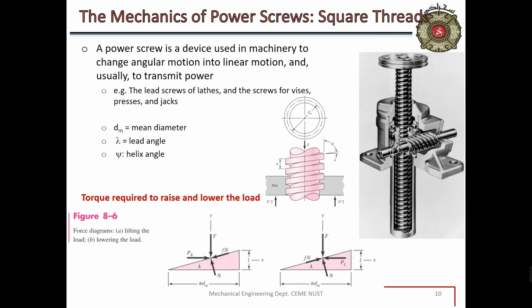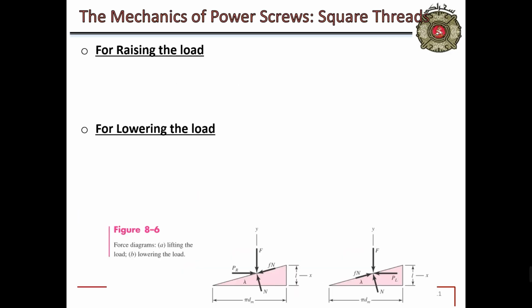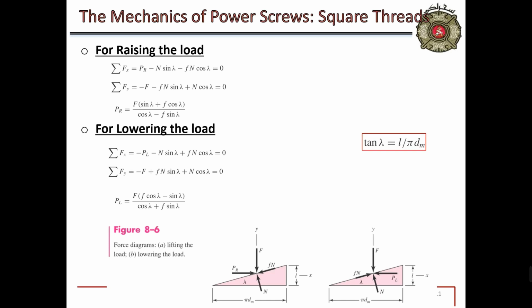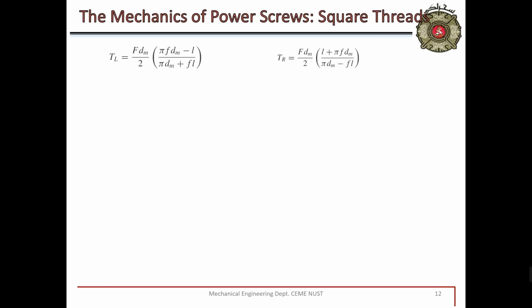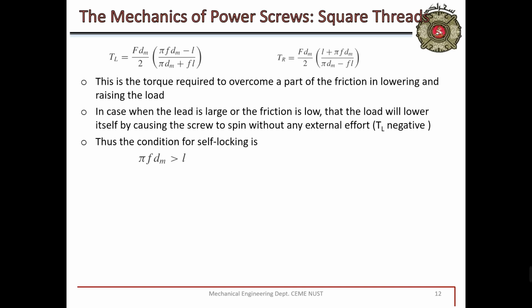Then we studied the torque required to raise the load and the torque required to lower the load. These two equations are given in terms of either lambda or dm. These were the two final equations: torque required to raise the load and torque required to lower the load. There were different cases.